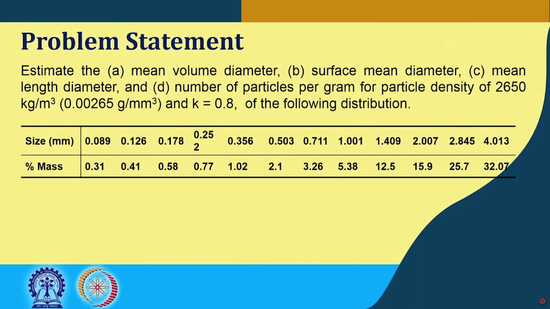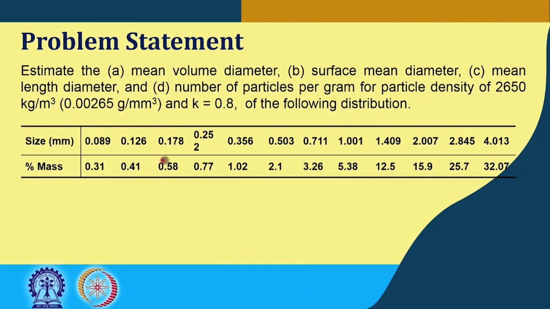In this table, on the first row we have the sizes given, and in the second row the percentage mass distribution is provided. So for a particular size there is a different percentage mass fraction that we have got from some sample.